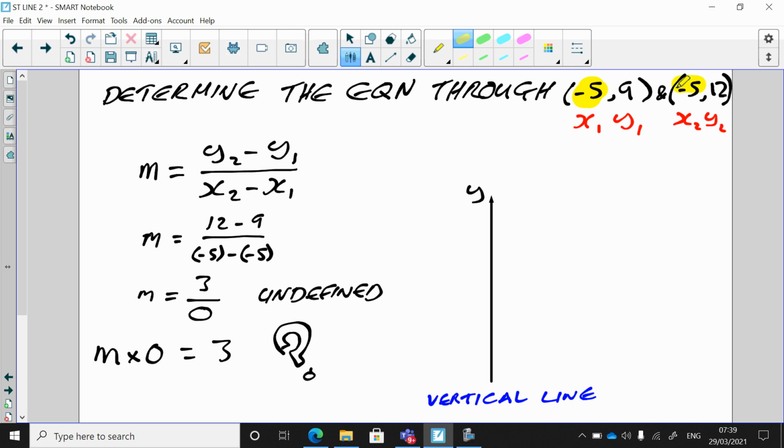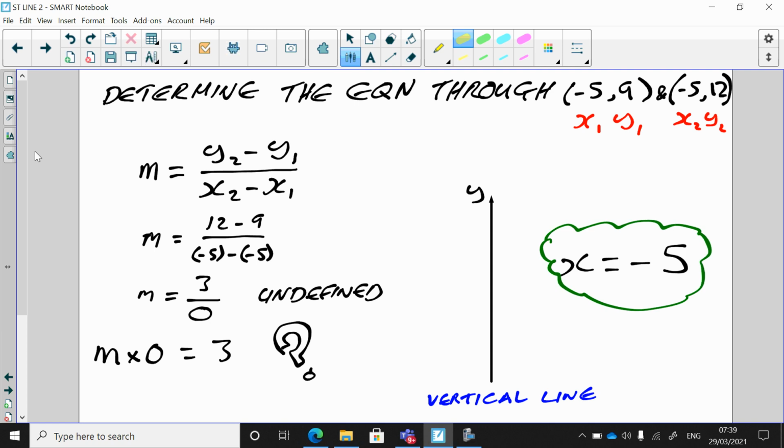The x values were the same. Okay, so if the x values are the same, actually one point will lie directly above the other, so it will be a vertical line. And vertical lines always start with the equation just x equals the x number there. So that's what we're going to have. So finally, x is equal to -5.